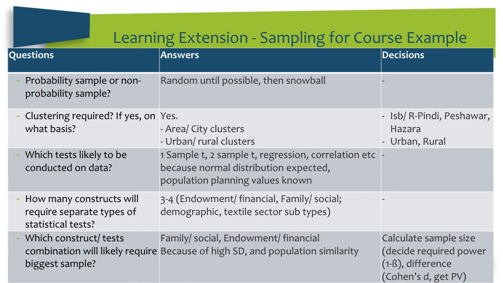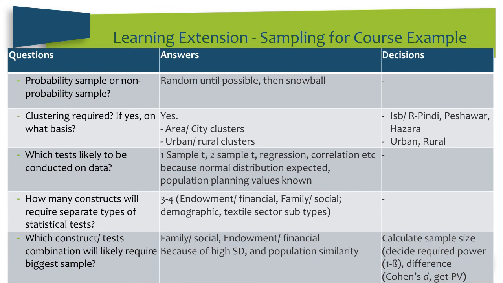So I'll calculate sample size for this, and what do I need for calculating samples? I first of all have to decide the required power, which is 1 minus beta, which would be something like 1 minus 0.95 or 0.9. So beta would be something like 0.1 or 0.05.